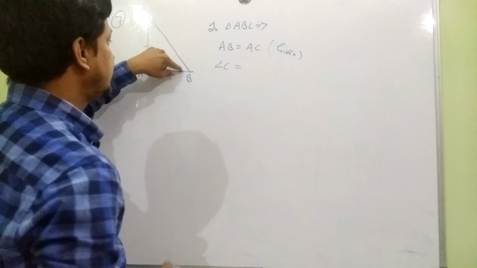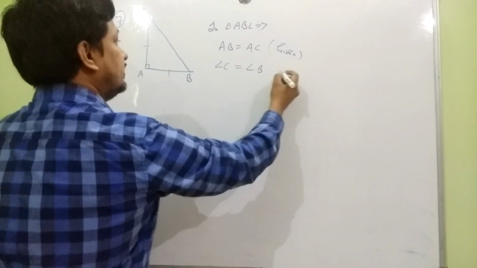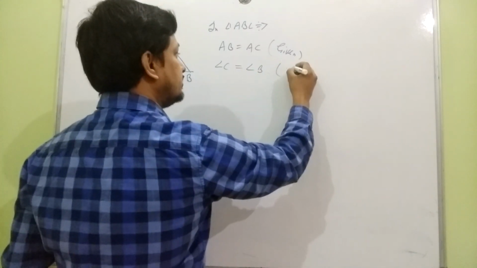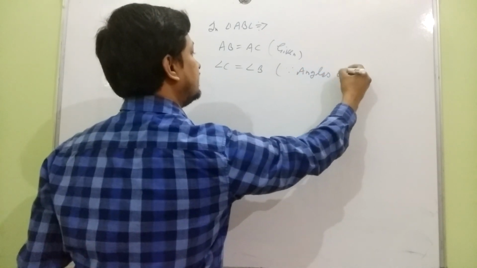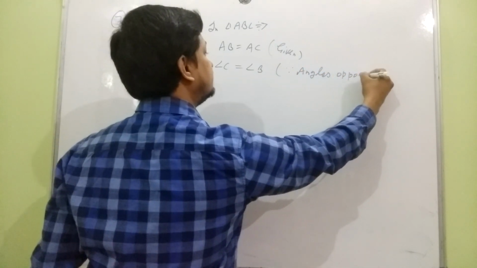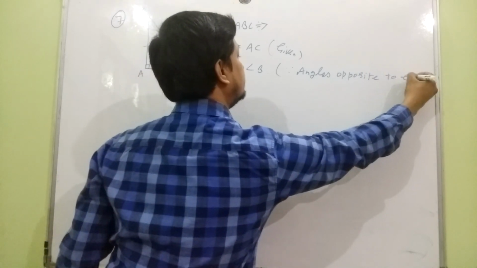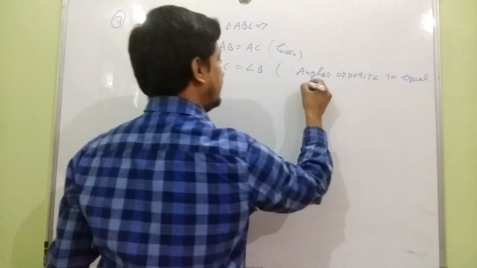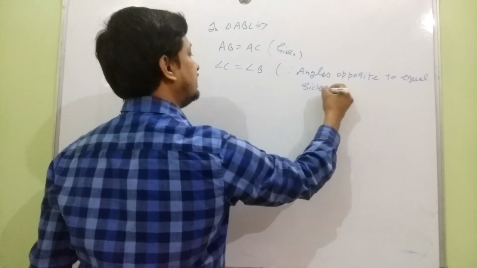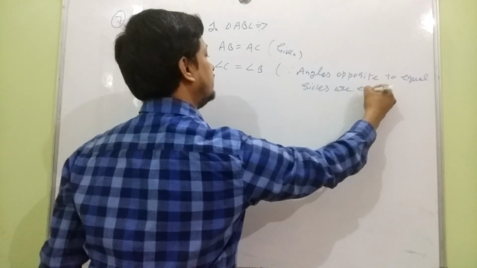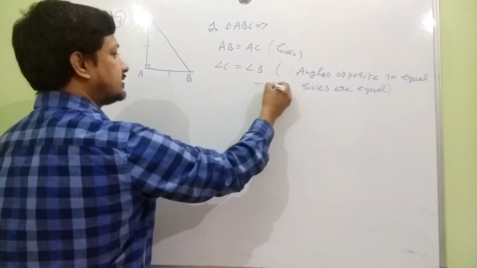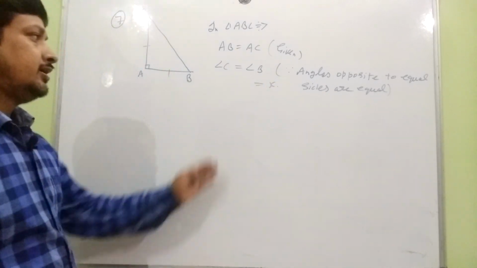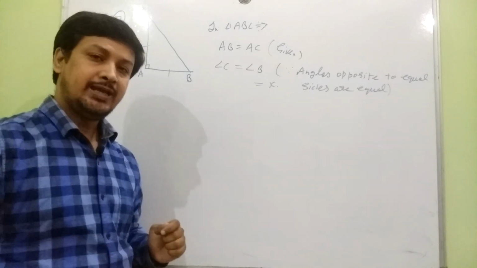Angle opposite to AC is angle B. We can write the theorem, since angles opposite to equal sides are equal. Okay, so if these two angles are equal, then we can consider them to be x.